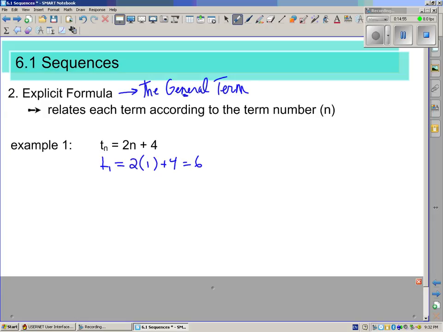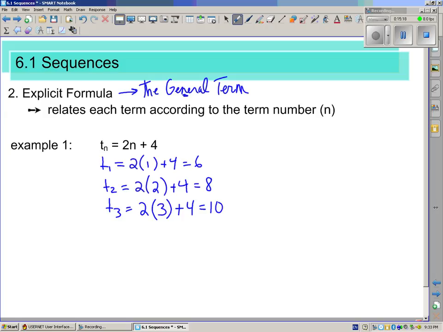So the first term in this sequence is 6. Term number 2. Remember, its placement is 2. So this gives me 8. Term number 3. Its placement is 3rd. So that's 6 plus 4 to give me 10. And so on, and so on.